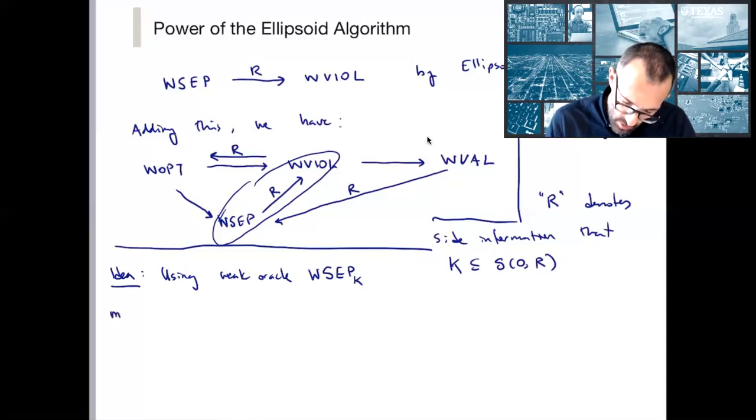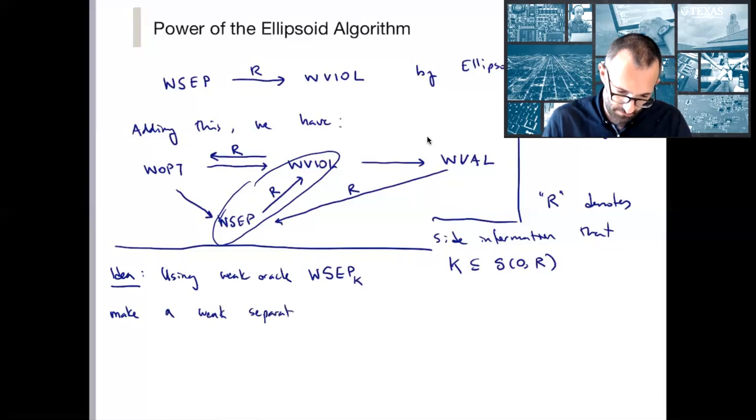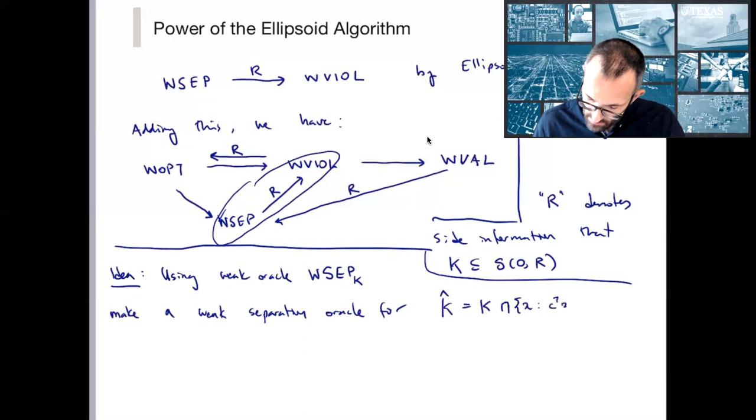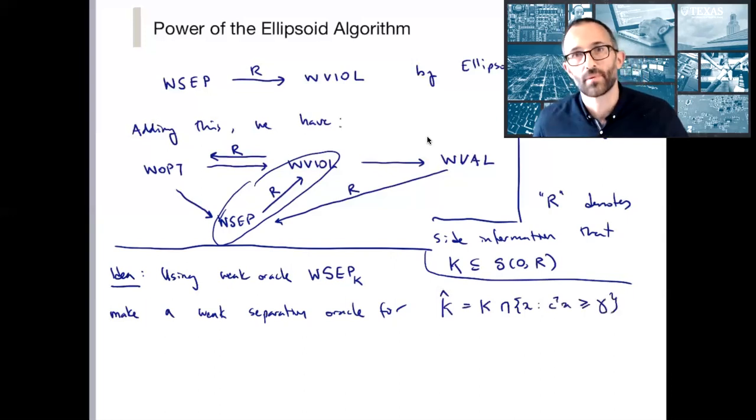We're going to make a weak separation oracle for a new set, K hat, which is equal to K intersected with the set of X such that C transpose X is greater than or equal to gamma.